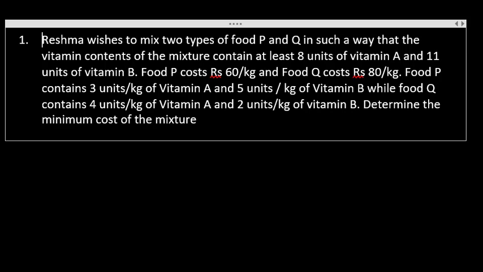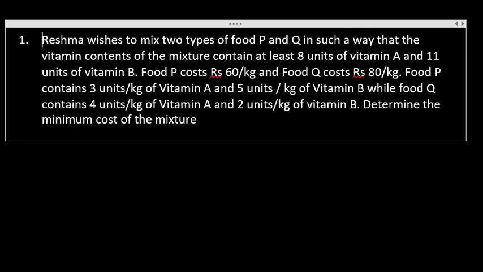Food P contains 3 unit per kg of vitamin A, 5 unit per kg of vitamin B, while food Q contains 4 unit per kg of vitamin A and 2 unit per kg of vitamin B. Determine minimum cost of mixture.